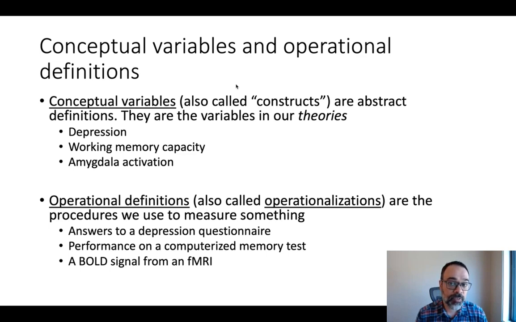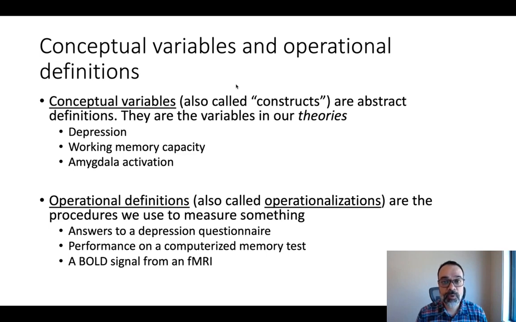If our conceptual variable is amygdala activation, how much this one part of the brain is active during a task, the operationalization might be something called a BOLD signal, blood oxygen level dependent signal, from an fMRI, a functional magnetic resonance imaging system. This is basically a brain imaging kind of technique.